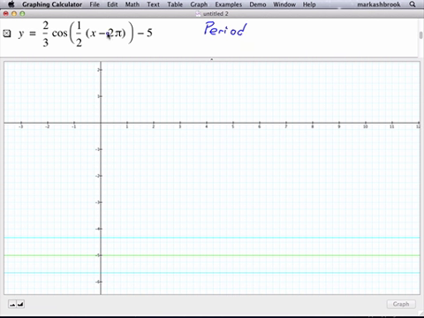When we do the period, we ignore the shift. The shift doesn't affect the period. So we're really interested in this quantity, 1/2 x. Here's an important question. What interval of the quantity 1/2 x will result in one cycle of output?